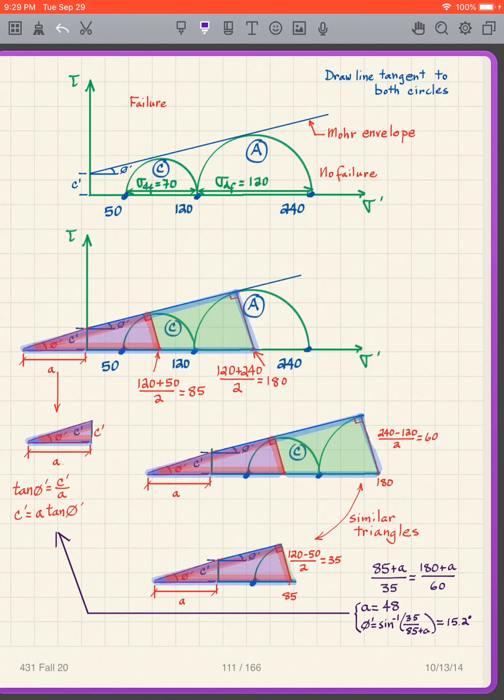So that value of C prime, then we can get, and let's just do that.